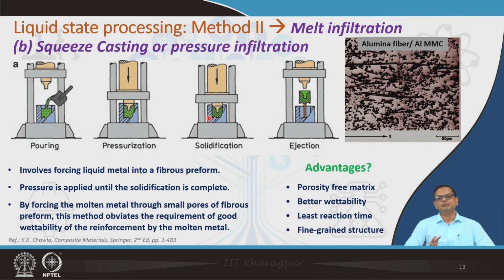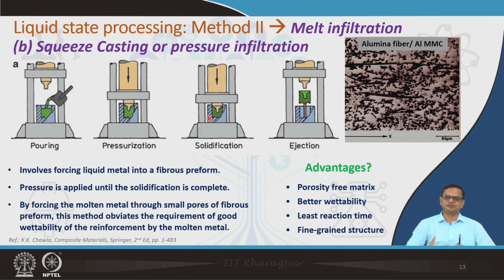That means, because in this case the pressure infiltration is done by a ram rather than argon gas pressure, the pressure is quite high, and that leads to a porosity free matrix, better wettability, and less reaction time. Another very important point to note is that as the solidification takes place quite fast, there is a fair chance of achieving fine grain in the microstructure.